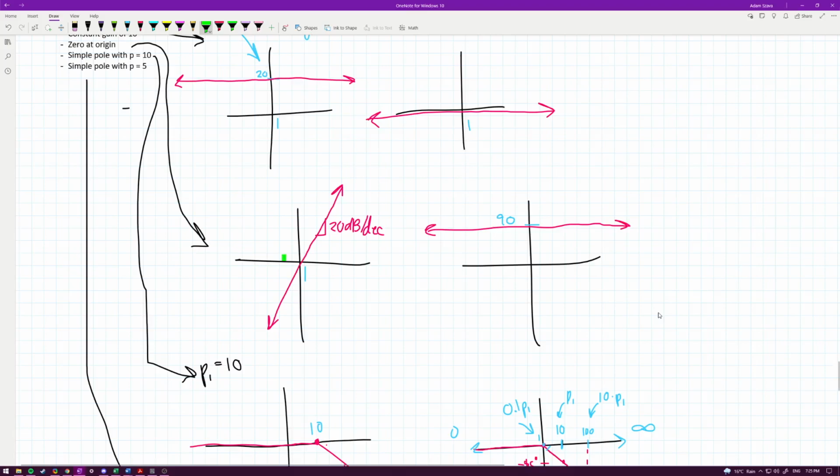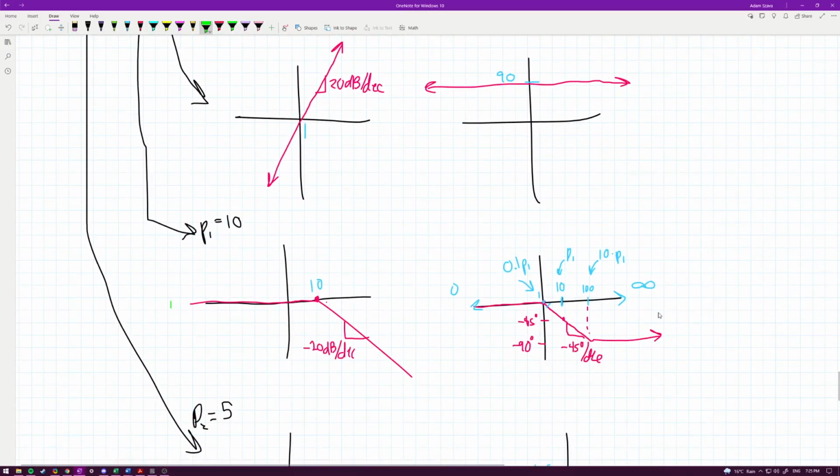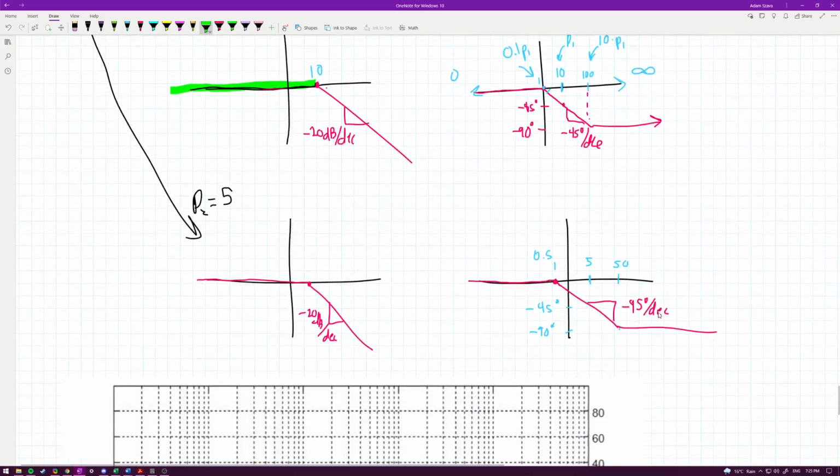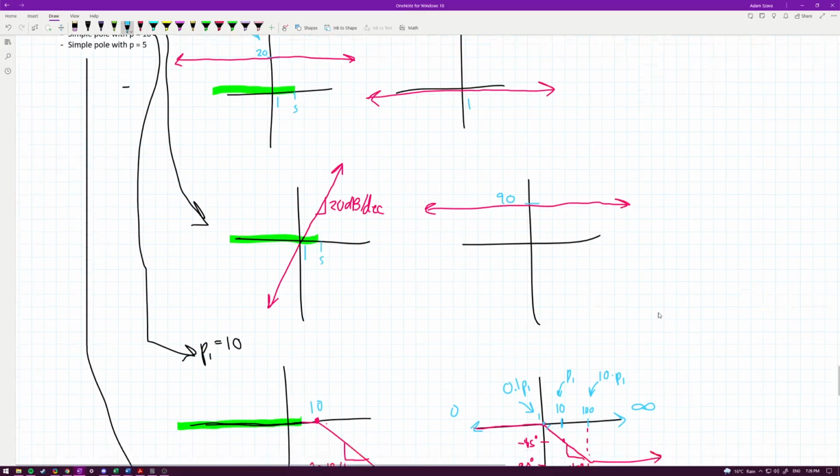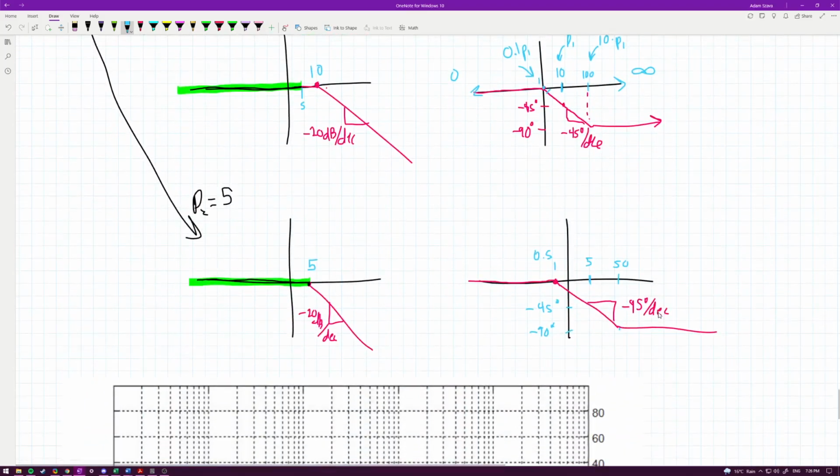So from 0 up until 10, I think. Oh, I didn't label this. Where's that breaking point? It's at 5. Okay, so 5 actually. So that's the first zone, at 5.